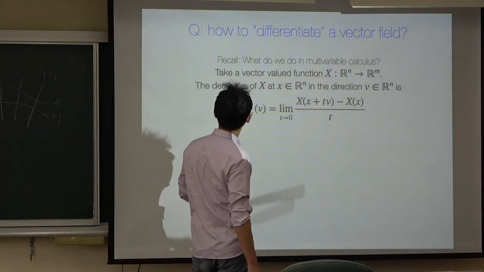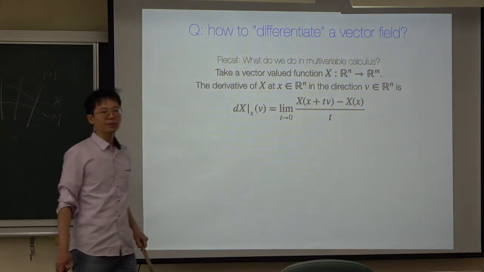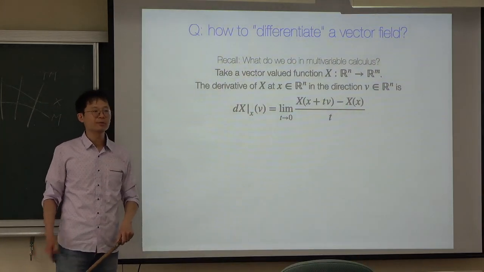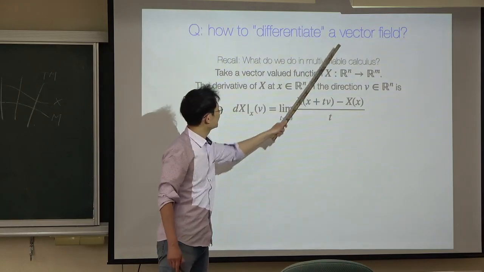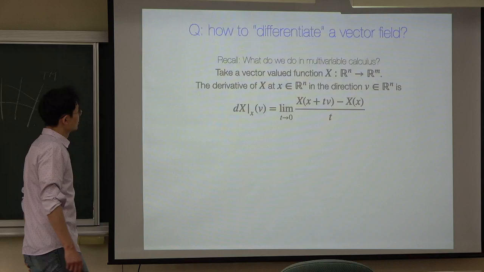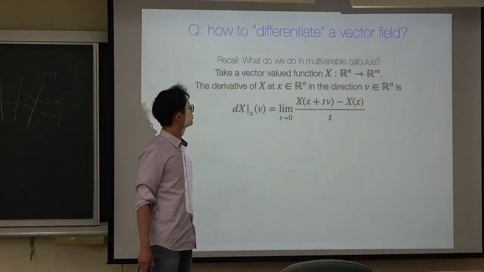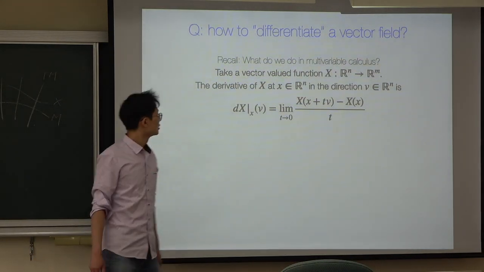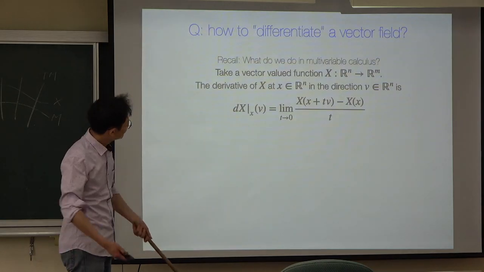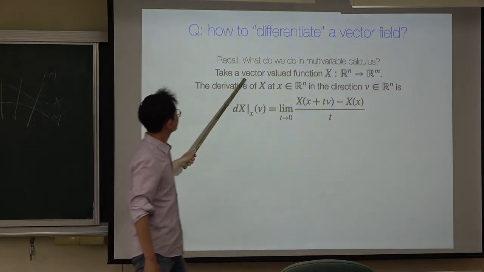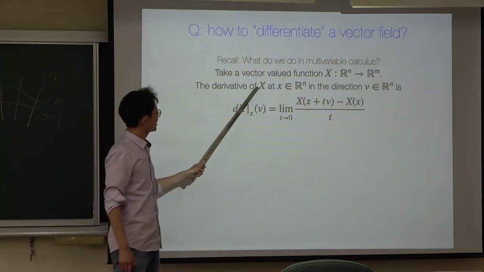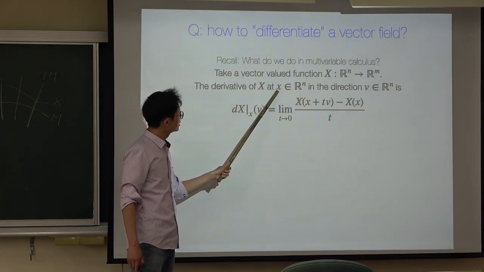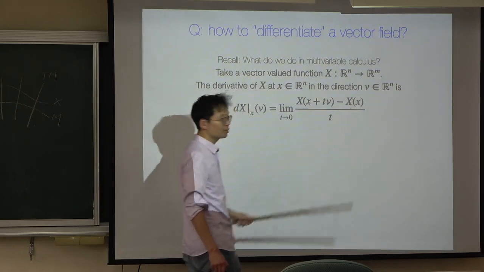Okay, so the key question that we need to ask before we study vector diffusion map is how to differentiate a vector field. So how do we do so in multivariable calculus? It's kind of simple, right? So if you take a vector valued function X, the derivative of X at small x, one point, in the direction v is what?